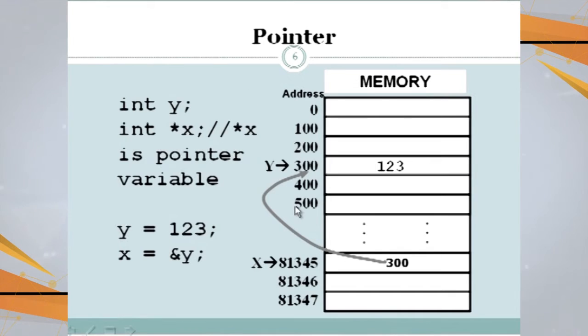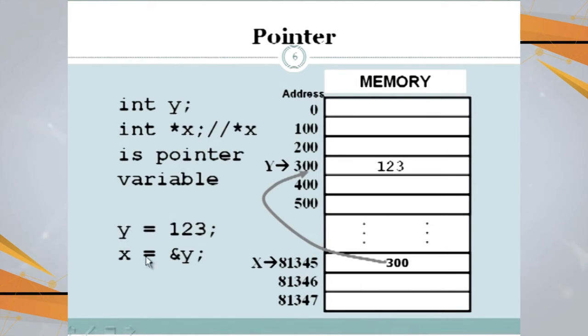Okay, then in this example we are initializing x with the address of y. As I told you earlier, in order to get the address of a variable, we put the ampersand symbol before it. Here I want to initialize x with the address of y.